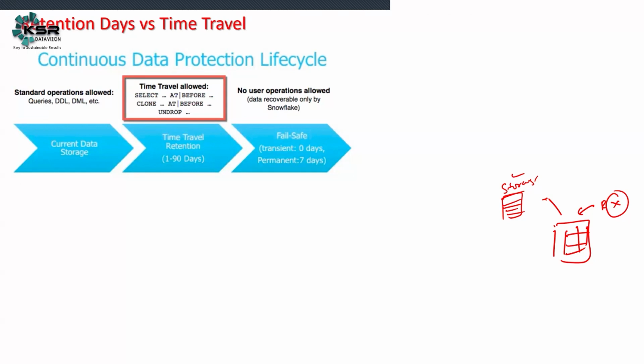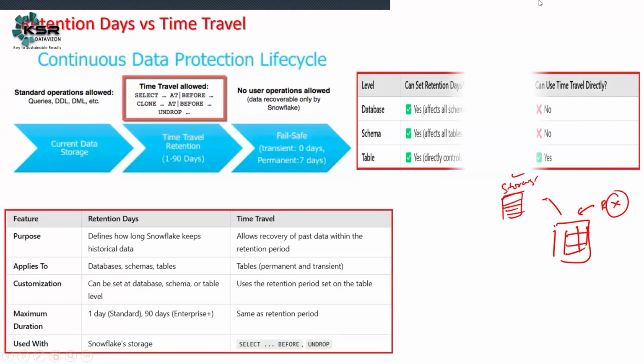This is what we saw yesterday, and then we saw for which objects time travel can be applied. Only for tables can we apply time travel, whereas for databases and schemas we cannot apply time travel. We can only apply the retention period.